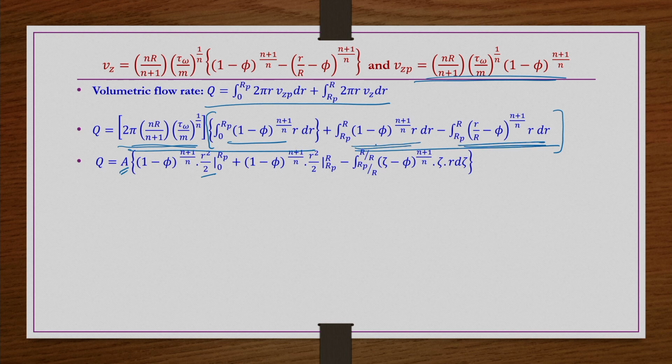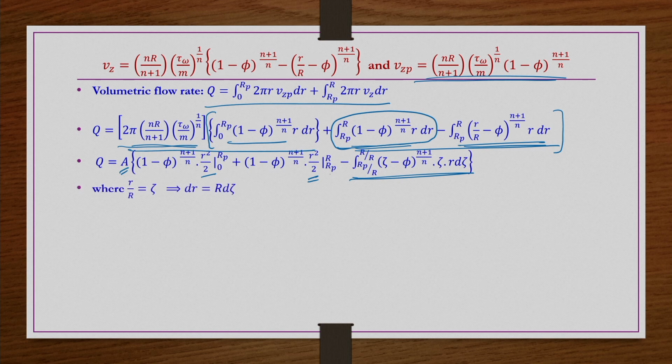I am integrating only this part first. Then I get r squared by 2, with integration limits r_p to R here, whereas here the limits are 0 to r_p. The third term I am keeping as it is; we can do it in a similar way, but we will do it after simplifying these two terms.